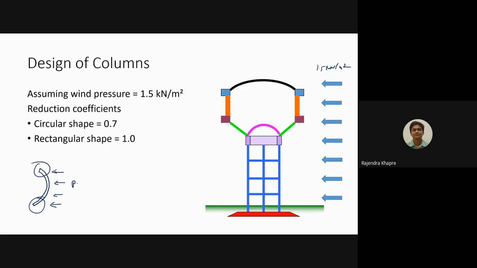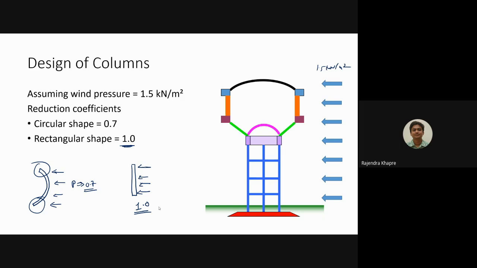Therefore, whatever pressure you calculate has to be multiplied by 0.7 if it is circular in shape. If your shape is perfectly rectangular, then there should not be any reduction, and the pressure is considered the same as calculated.